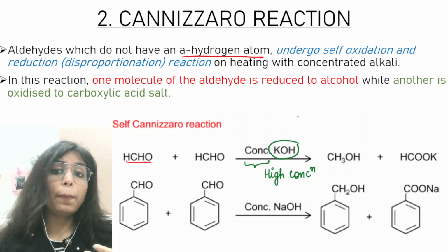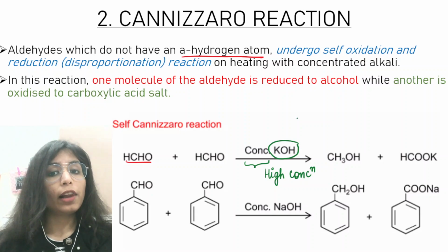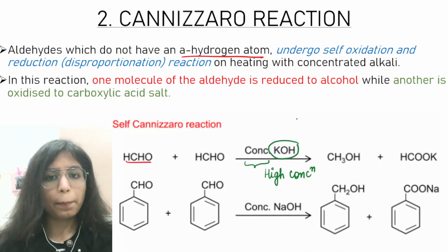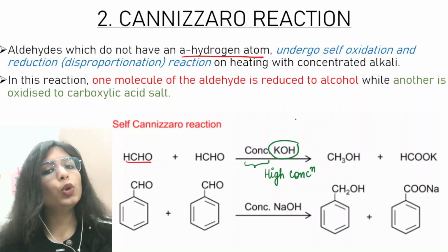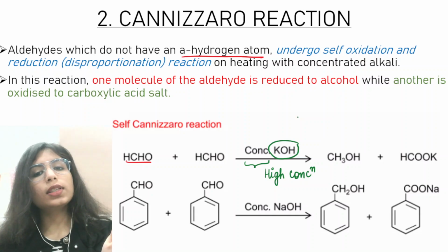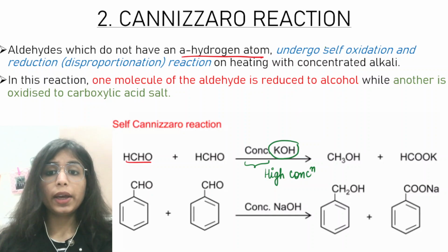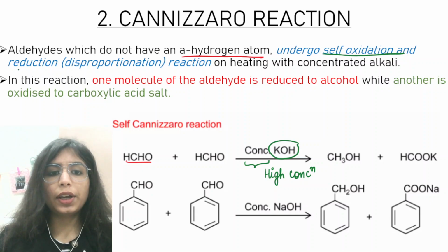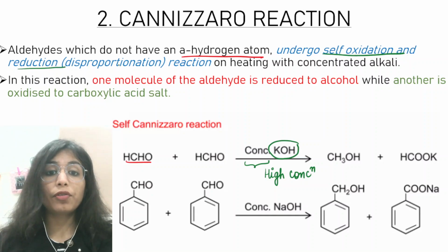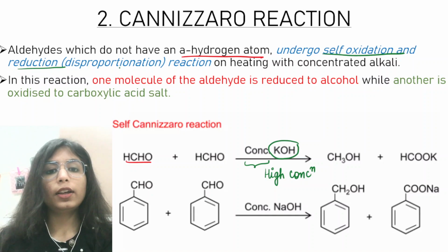Next, if I talk about the product, in the case of the aldol condensation reaction we were getting alpha beta unsaturated carbonyl compounds, but here we'll get two different types of products. First is the oxidized product and second is the reduced product. Basically they undergo self-oxidation and reduction, and we also refer to it as a disproportionation reaction. You must have studied this in redox reactions.